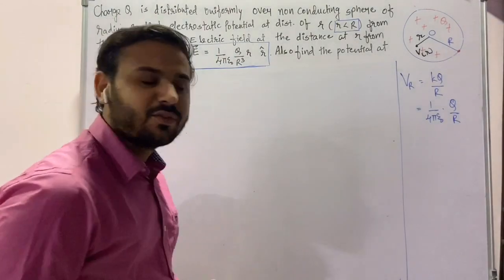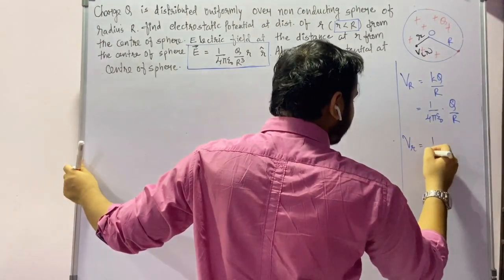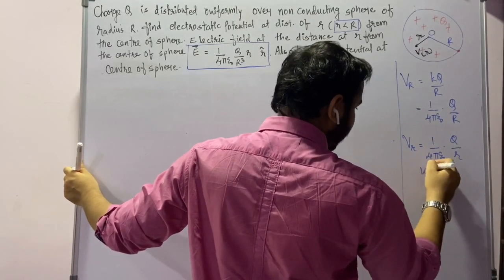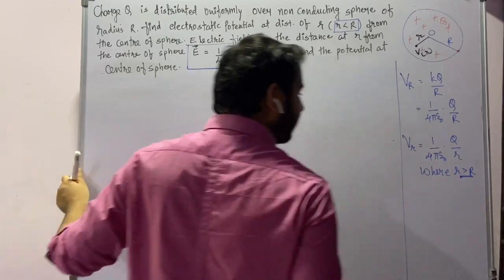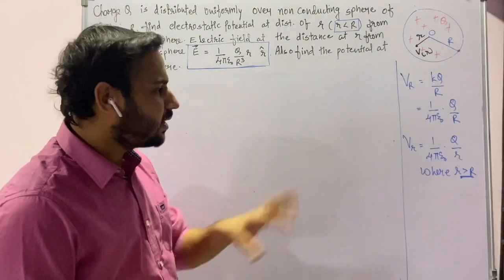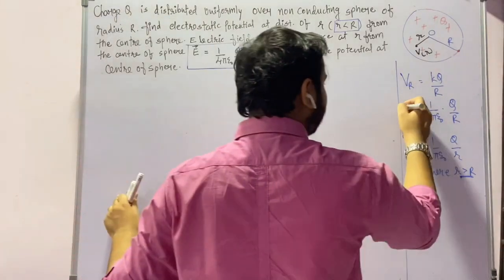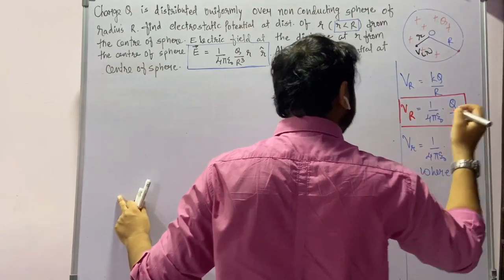On the surface. Now, what is V of r, 1 upon 4 pi epsilon naught Q by r, where r is greater than R? For whom is this? Outside. This is not needed now, I have just written it for you. We need this equation now.